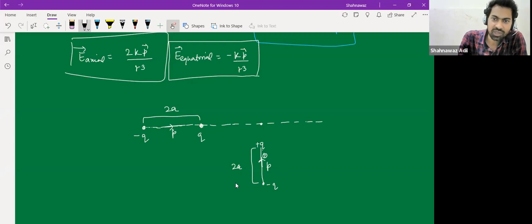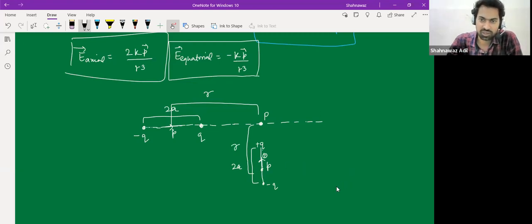And we want to calculate the electric field at this point. This distance is R, and this is also R. Diagrammatically it does not look like the same distance, but my diagram is bad, so this is the same distance.